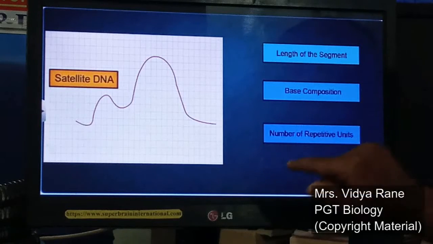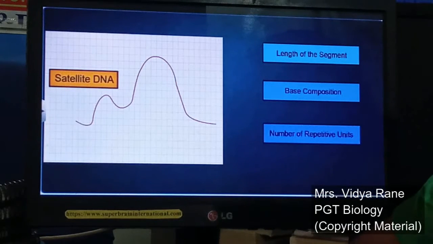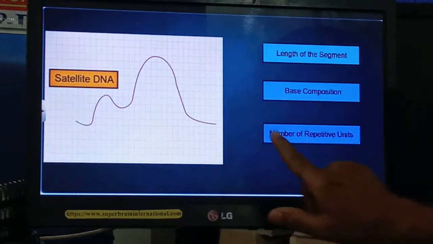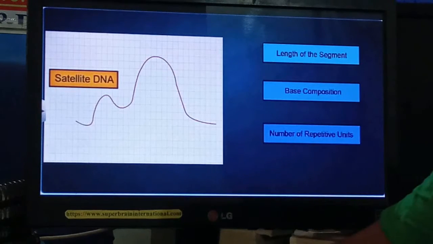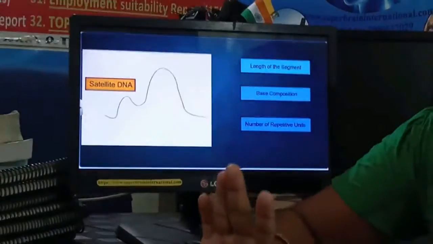Based on that composition and the number of tandem repeats, the number of repetitive units, how many times it is repeated in the organism, right? Suppose that segment is repeated 15 times in me, maybe in my daughter 10 times, or maybe in yours it will be repeated 50 times, or in someone's it may be 100 times, right?